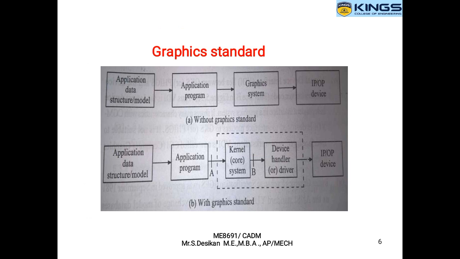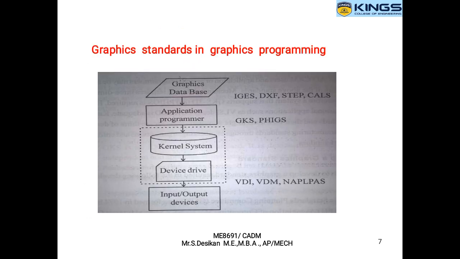With the help of the graphic standard, the graphic system is subdivided into kernel system and device handler. So this is the schematic flow chart of how the graphic standard is working.